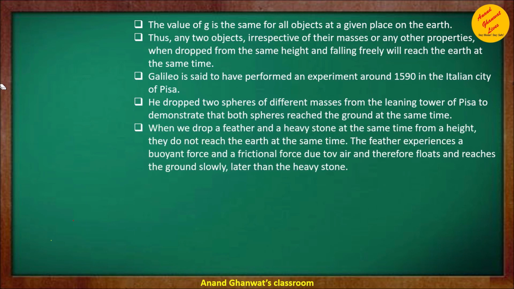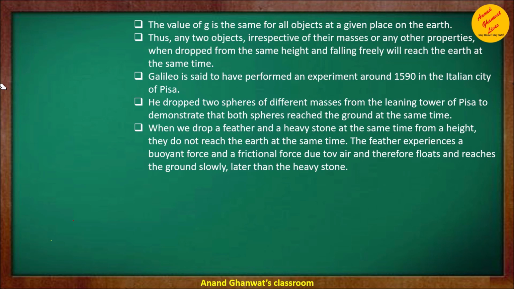When we drop a feather and a heavy stone at the same time from a height, they do not reach the earth at the same time. Why does this happen? Galileo states that when any two objects with different masses are thrown vertically downwards, they reach the ground at the same time, but that is not the case with a feather and a heavy stone.